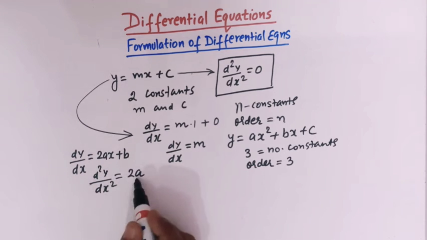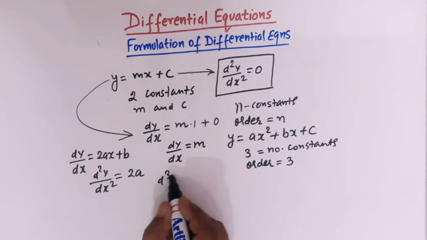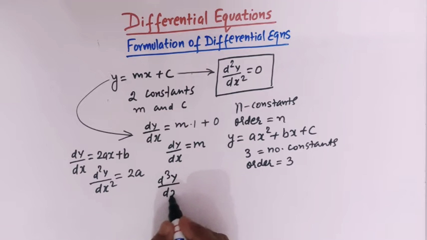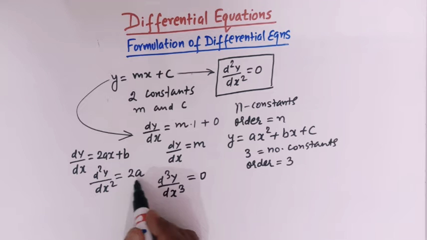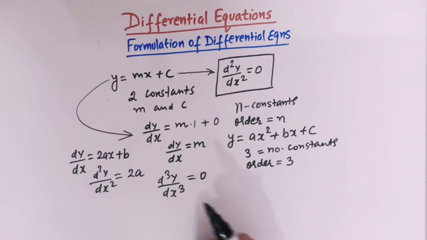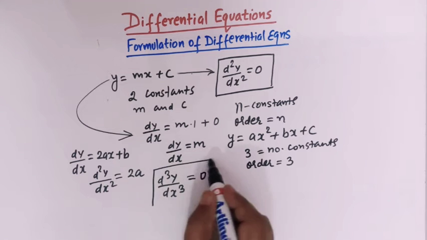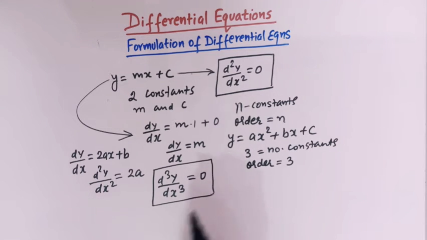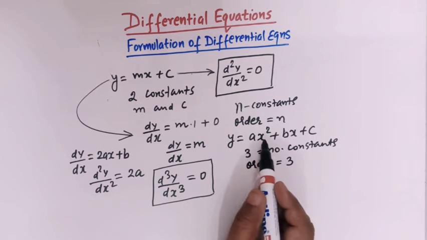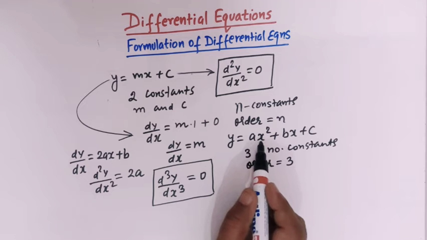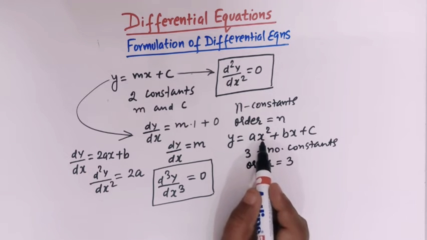Again differentiate this equation. We get d3y over dx3 is equal to 0, because this term 2a is a constant. So we have obtained the third derivative is equal to 0. This is the differential equation corresponding to this general solution.